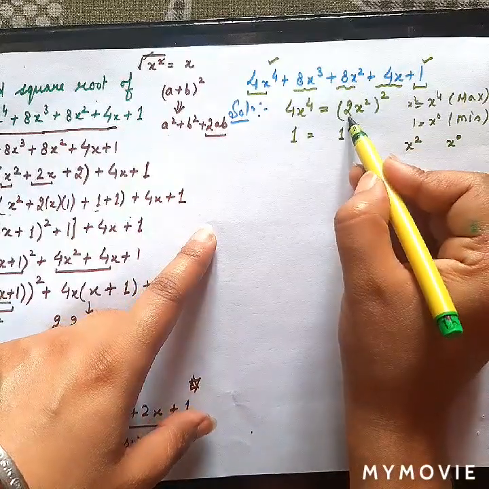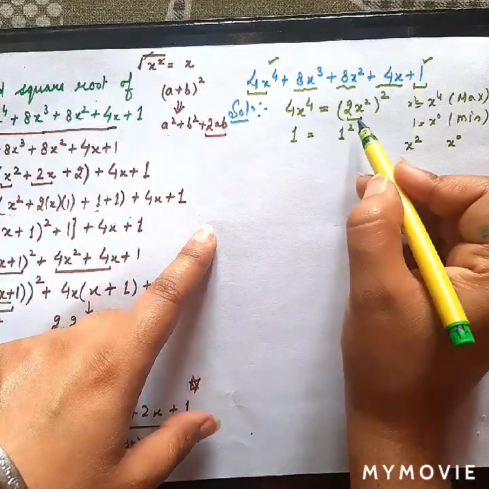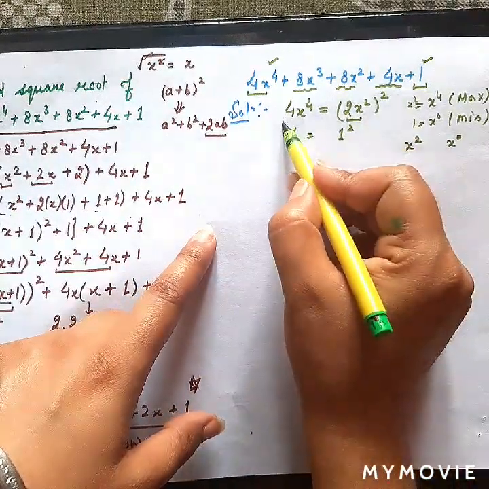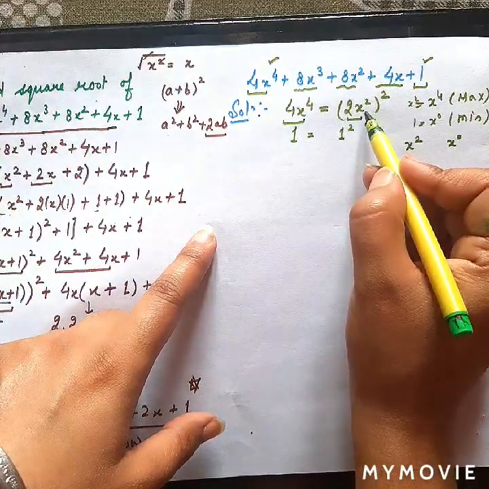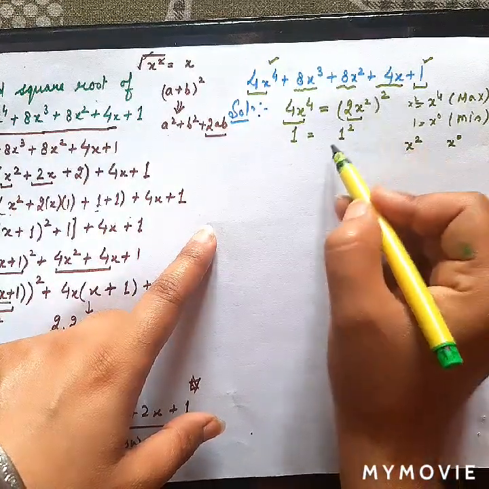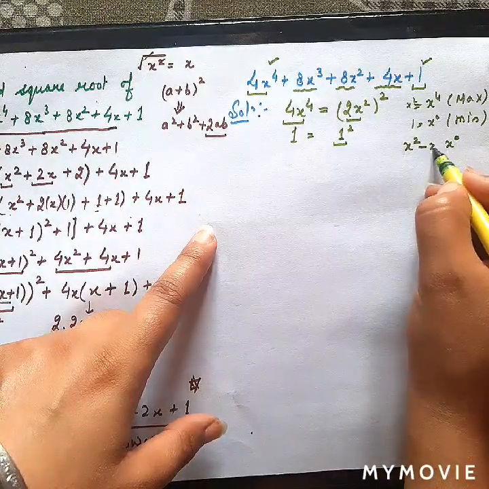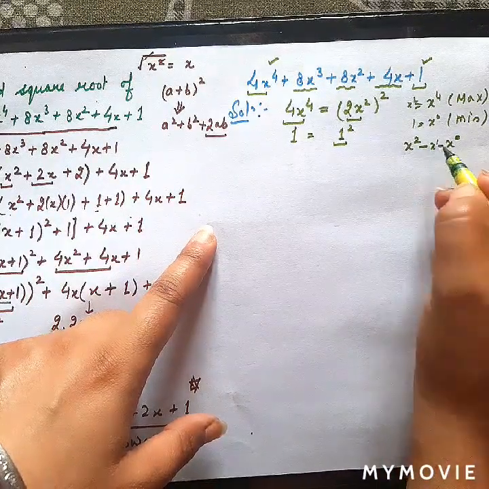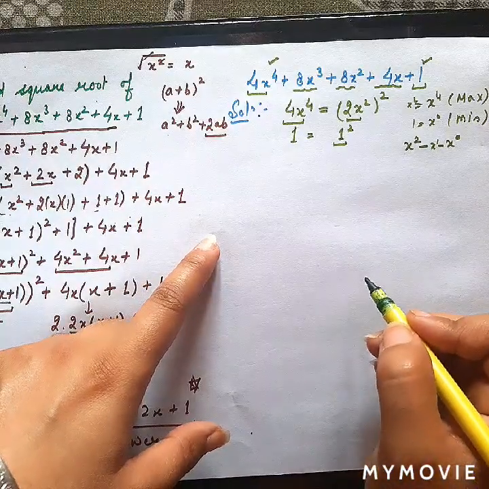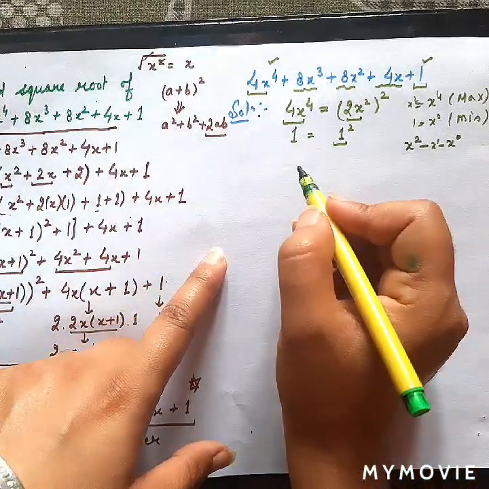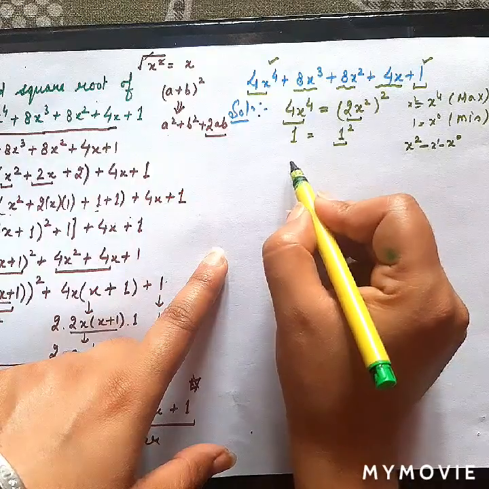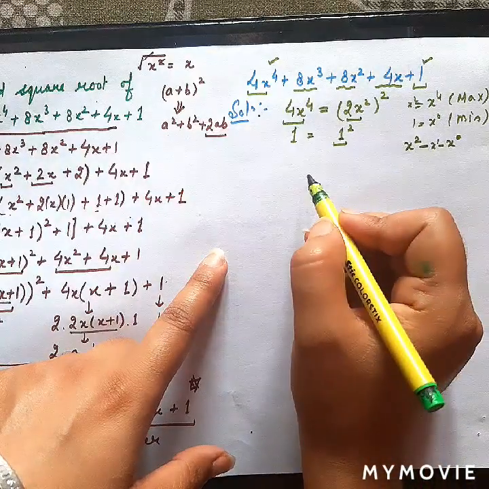That is why I'm focusing on the reduced power. It was x raised to power 4 and we have reduced it to x square, and here x raised to power 0. We want some term with power x raised to power 1. So what could be our next term? I would say, just hit and trial method.